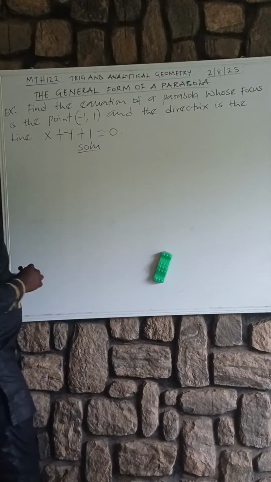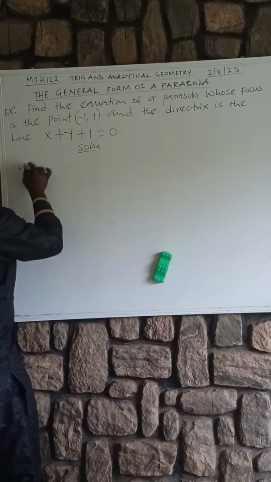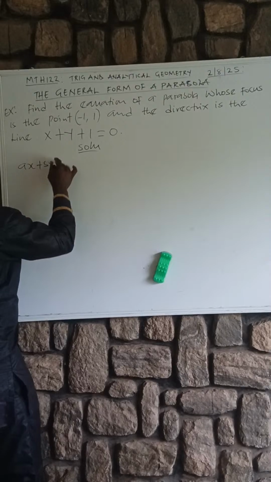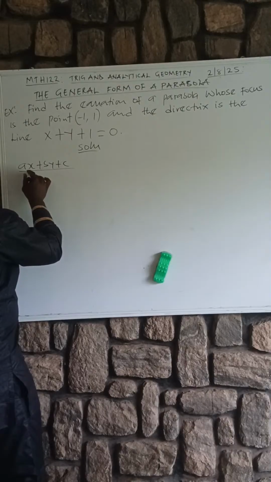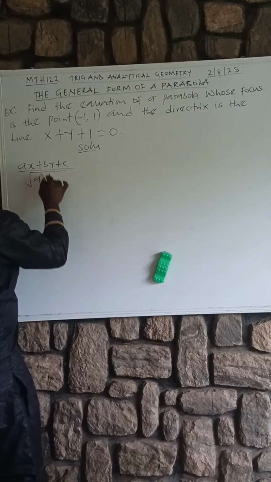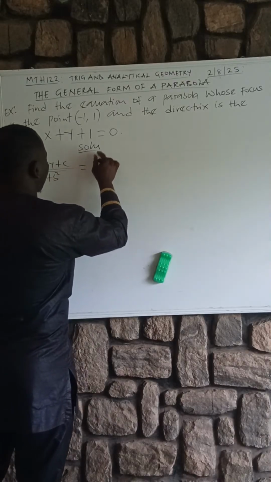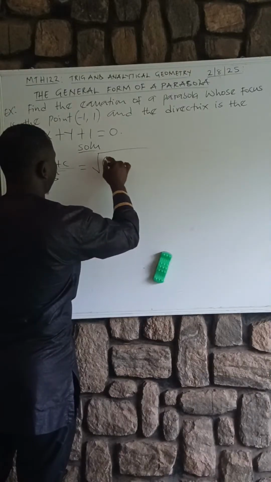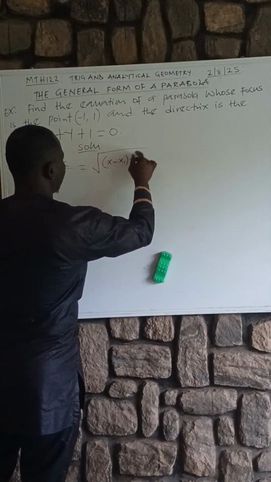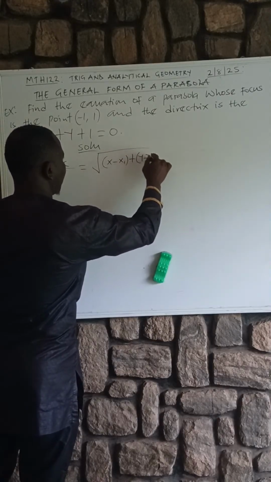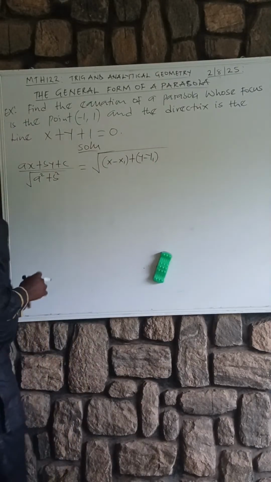What is the formula for the distance to a line? The formula is (ax + by + c) all over the square root of a squared plus b squared, equals the square root of (x minus x1) squared plus (y minus y1) squared. True or false? Okay.